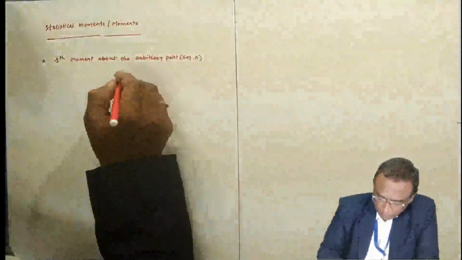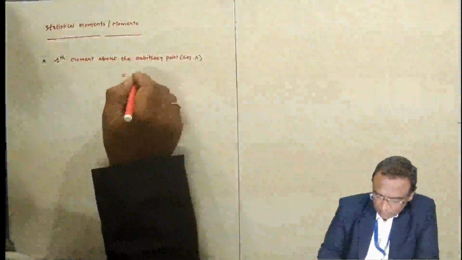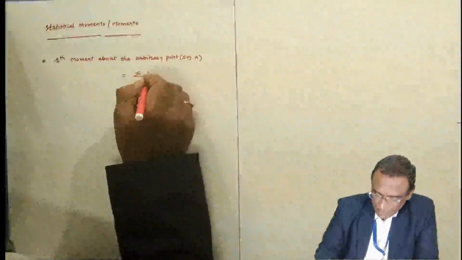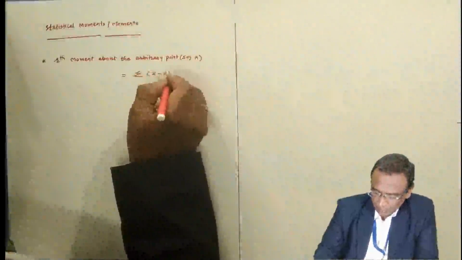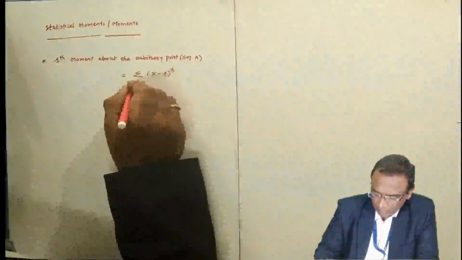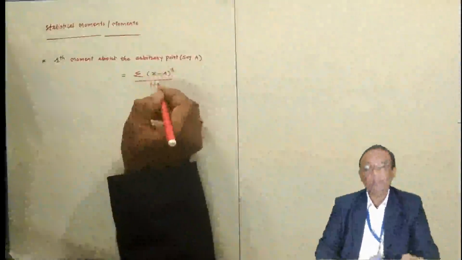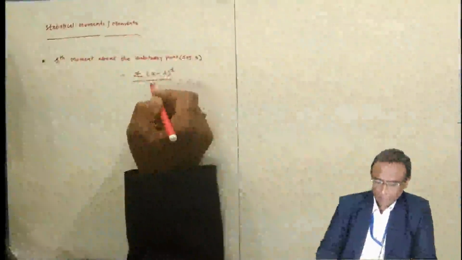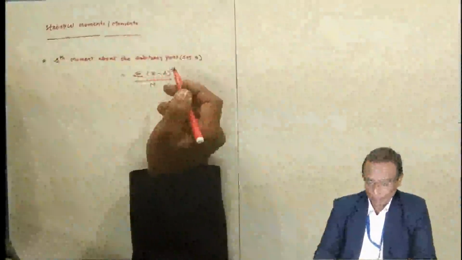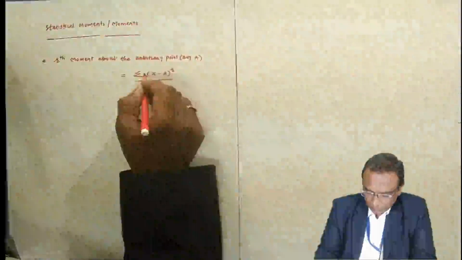The moment about the arbitrary point is summation of (x minus A) to the power r, divided by n. n is the number of data points. If data points are 100, n is 100. If the frequency table is given, in that case, you have to multiply this bracket by f only. This is the rth moment about the arbitrary point or working mean, that is A.